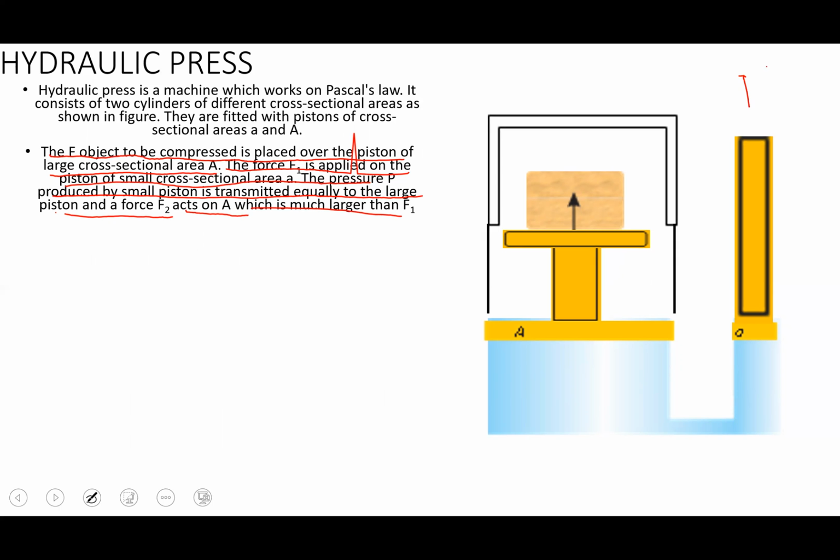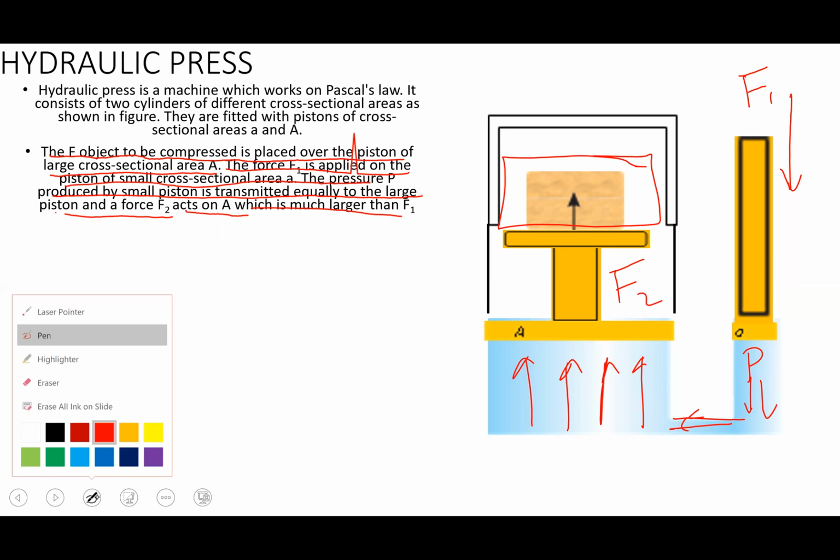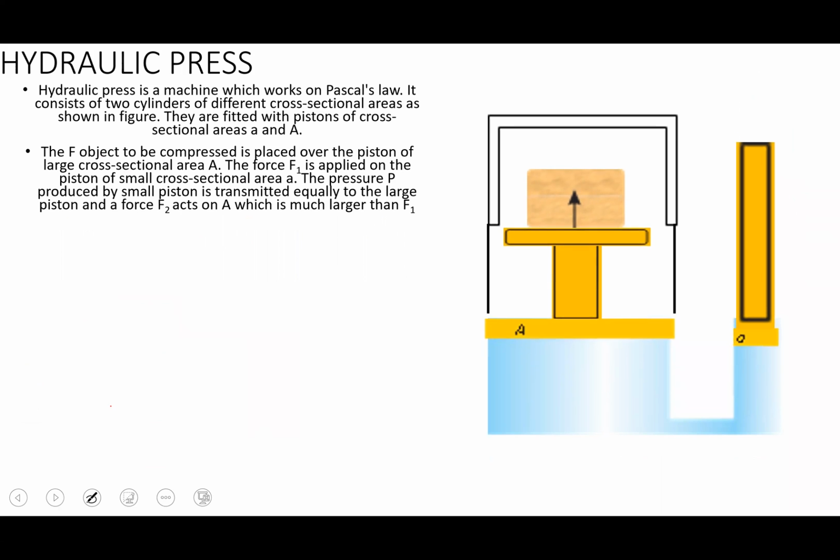That means if this is force F1 acting on area small a, the pressure produced in this liquid will be transmitted over here and will press the larger area of the piston, which will create a force F2 that will be able to pick up loads of weight on top of it. We can see that happening like this.